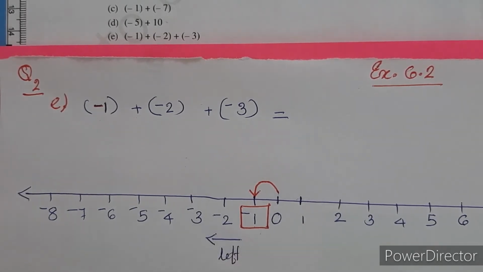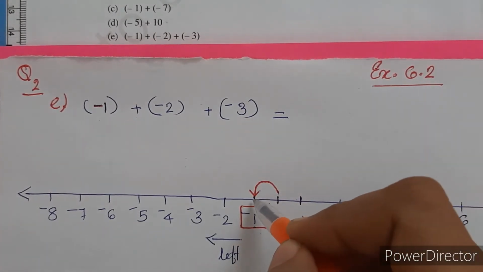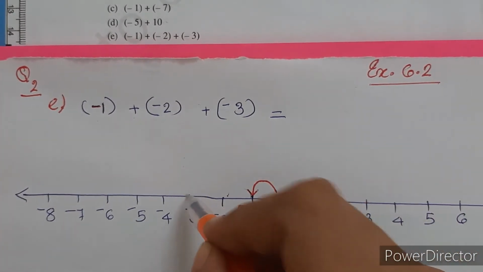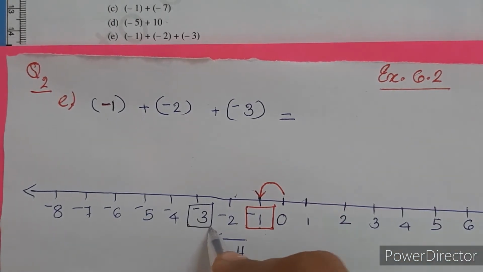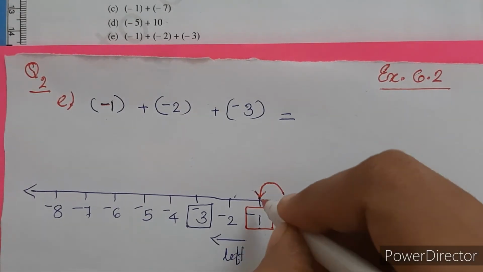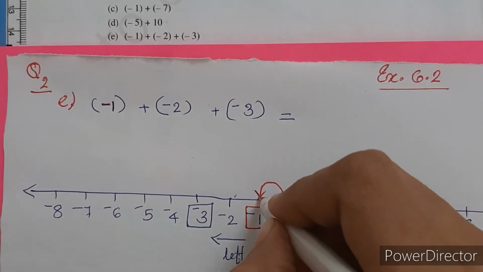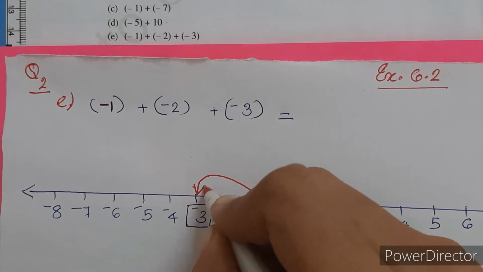So we can move 2 points from minus 1. So 2 points, 1, 2. So we can reach minus 3. This is the second point. So how will it express? So minus 1, 2 points we can move. Then we should reach minus 3.